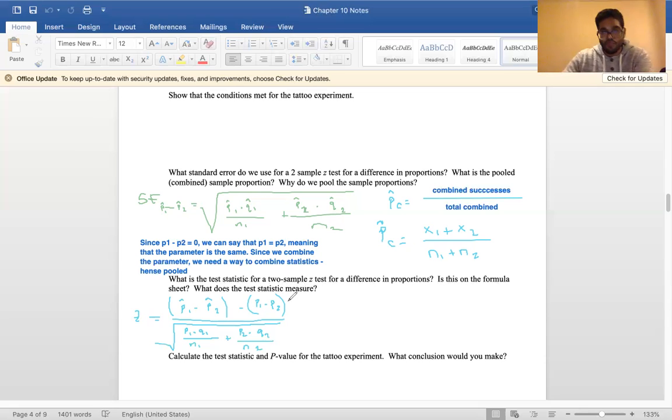And a couple things to notice. P1 minus P2. Well, we said that if we combine them, we know that P1 minus P2 is just 0. And so this is just going to disappear, so I can just not worry about this.